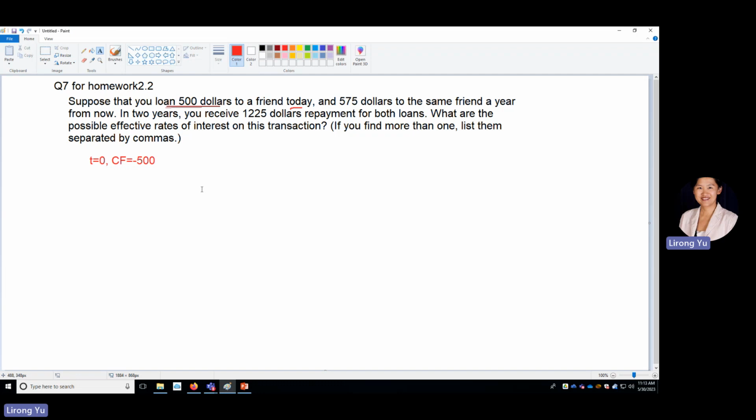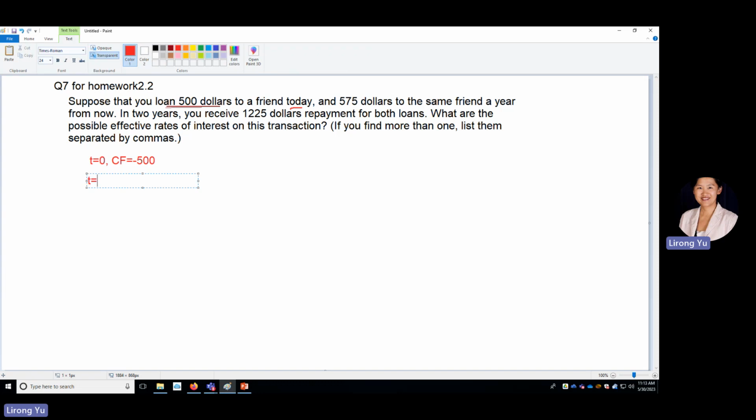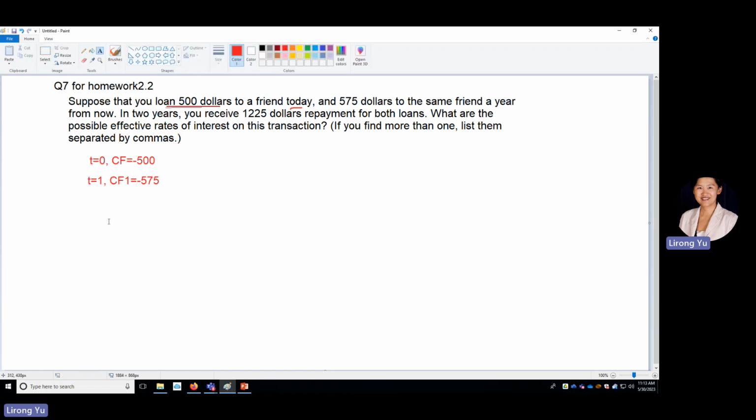And that's number one. And $575 to the same friend a year from now. So at t equal to 1, a year from now, you can call that CF1, the cash flow is, again, you're giving it to your friend. So to you, the cash flow is negative. And then you receive a payment for both loans.